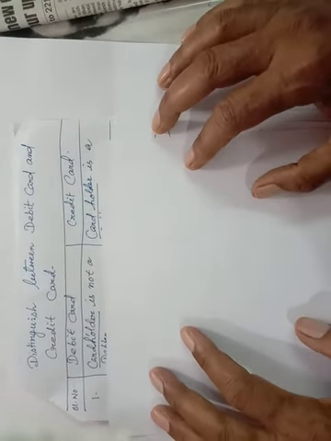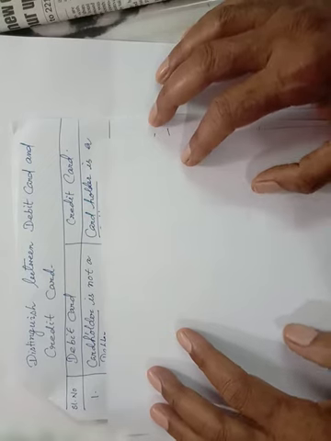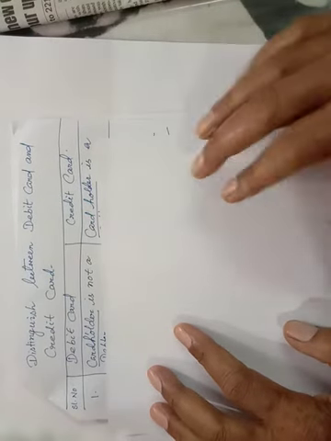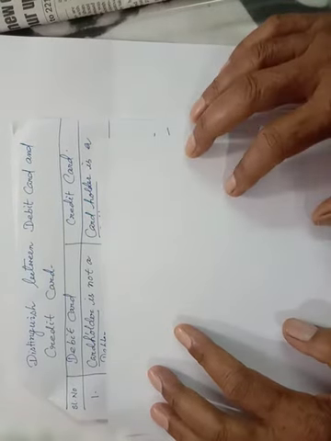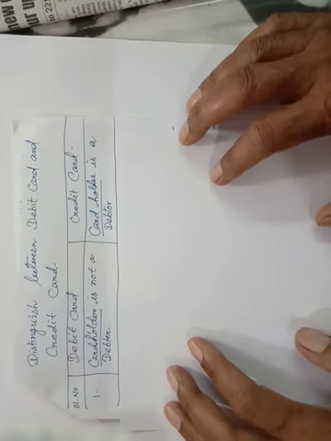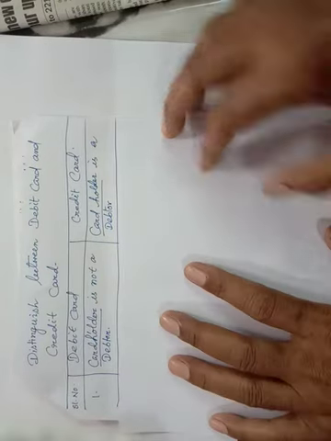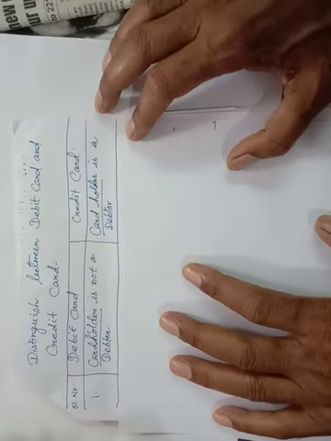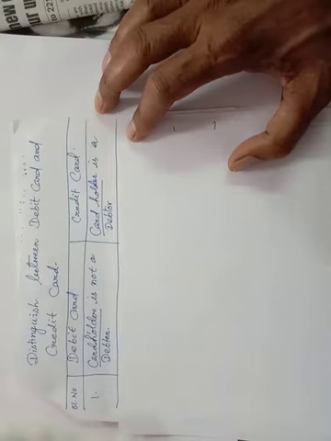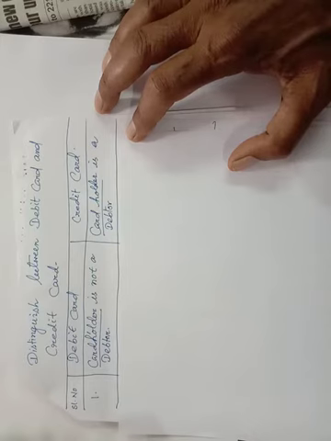Point number 1, debit card, credit card. You have to write in this way: debit card holder is not a debtor, credit card holder is a debtor. So you have to write the name twice. If you write card holder as the basis, then there is no need of writing card holder twice.